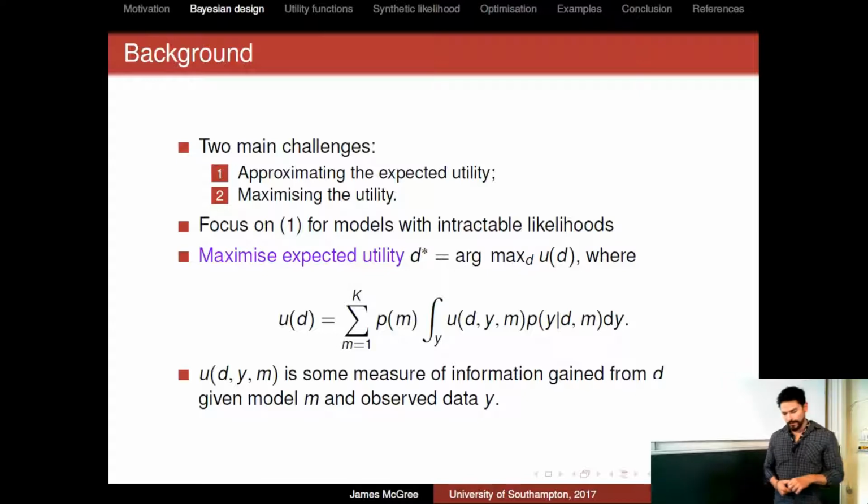We have a set of models here. We assume the M-closed perspective of Bernardo and Smith. So we have K models, and we think at least one of those will be preferred. Then we also have uncertainty due to the data we might observe, so we need to integrate that out. And once we do both of those things, then we calculate our expected utility.